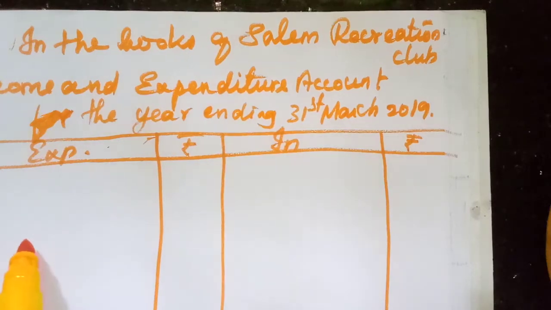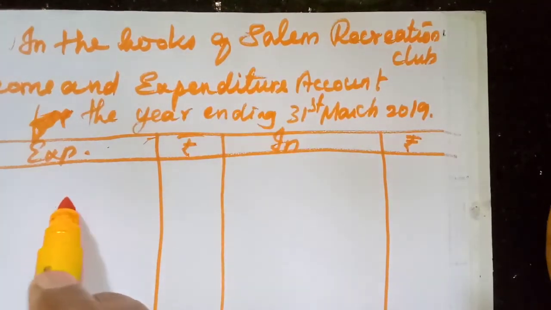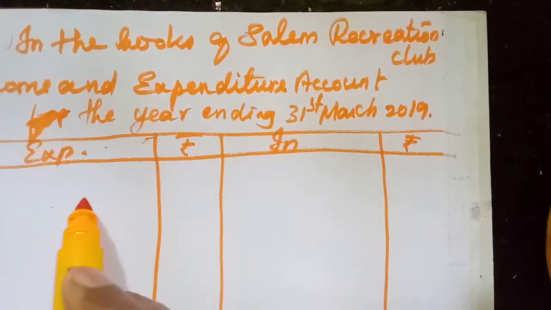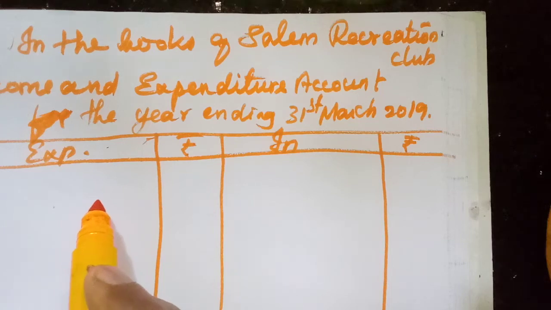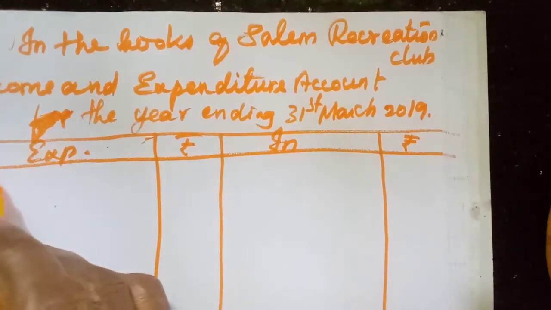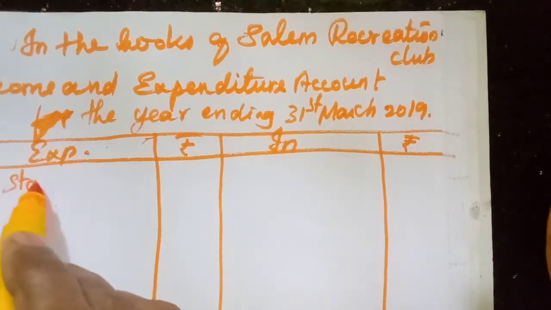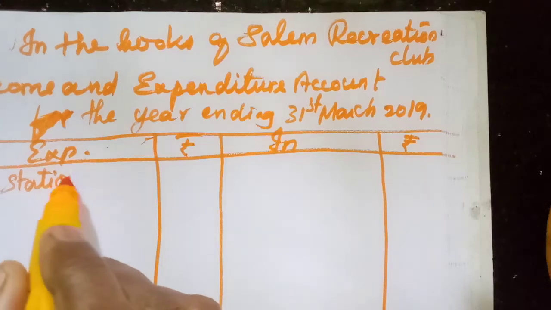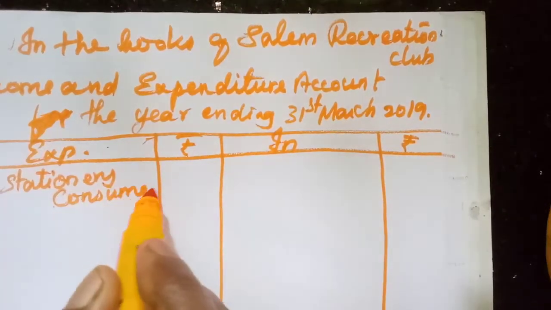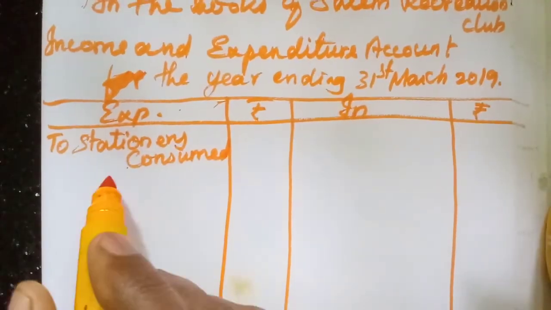We will start with the expenditure. To enter in the expenditure, you have to see the payment side. Okay, payment side, first one is given as furniture. Furniture will not come. Then next one, stationery. Since opening and closing are given, we should write stationery consumed. Okay, we are going to calculate how much stationery consumed.